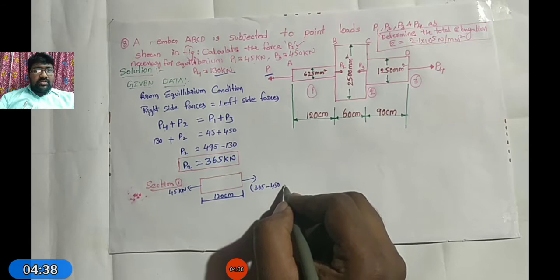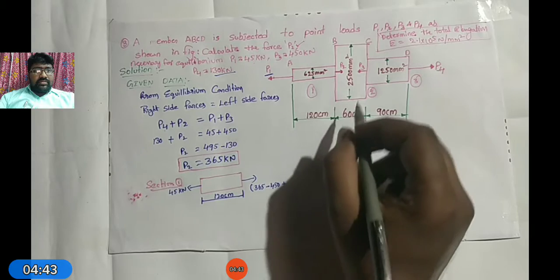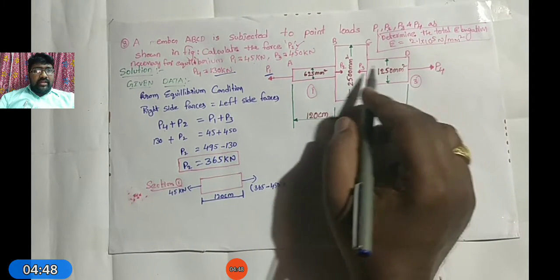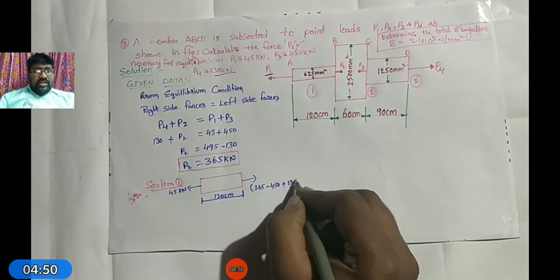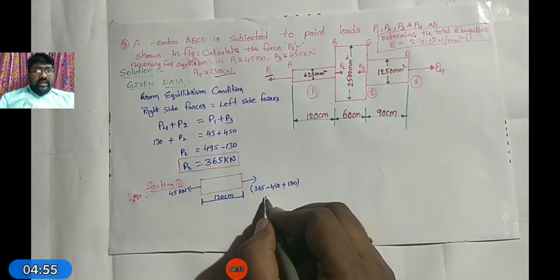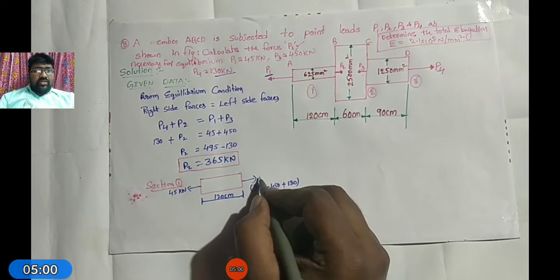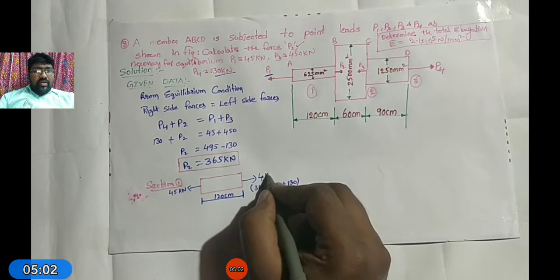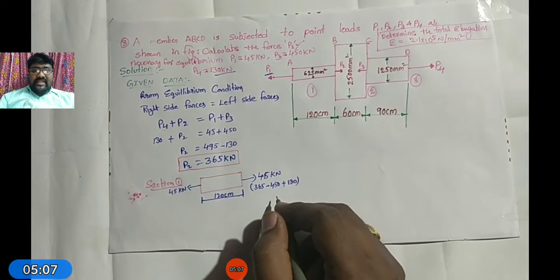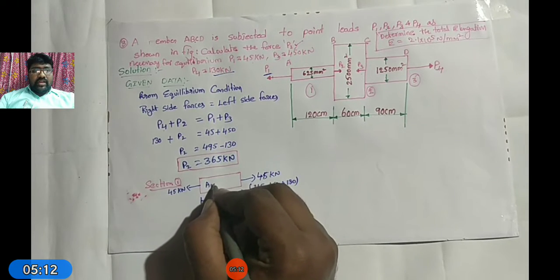P4 is 130, because P2 and P4 are acting in tensile direction and P3 is in compressive direction, so P2 and P4 are taken as positive and P3 is negative, that is the opposite direction. We get 45 kilonewtons. That is, the load acting on section 1 is 45 kilonewtons.